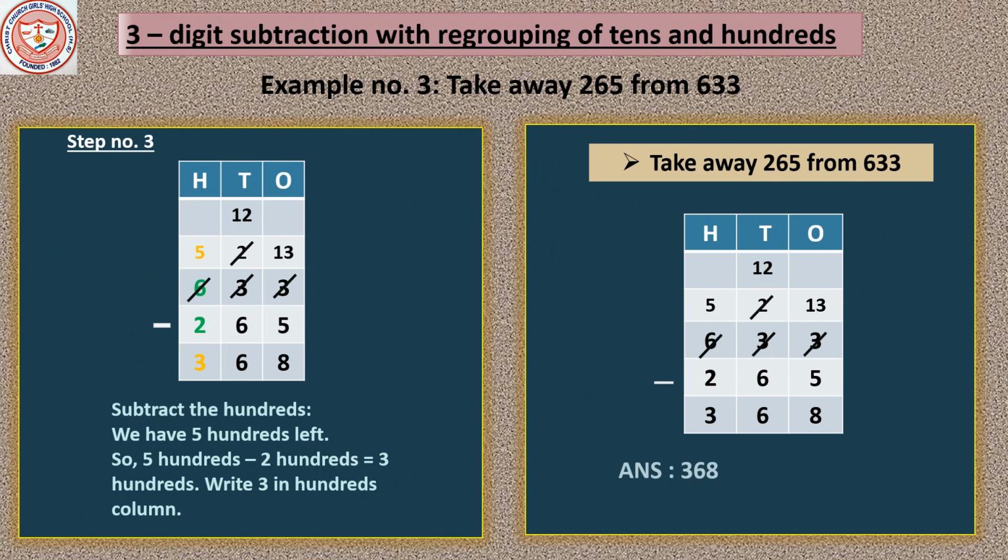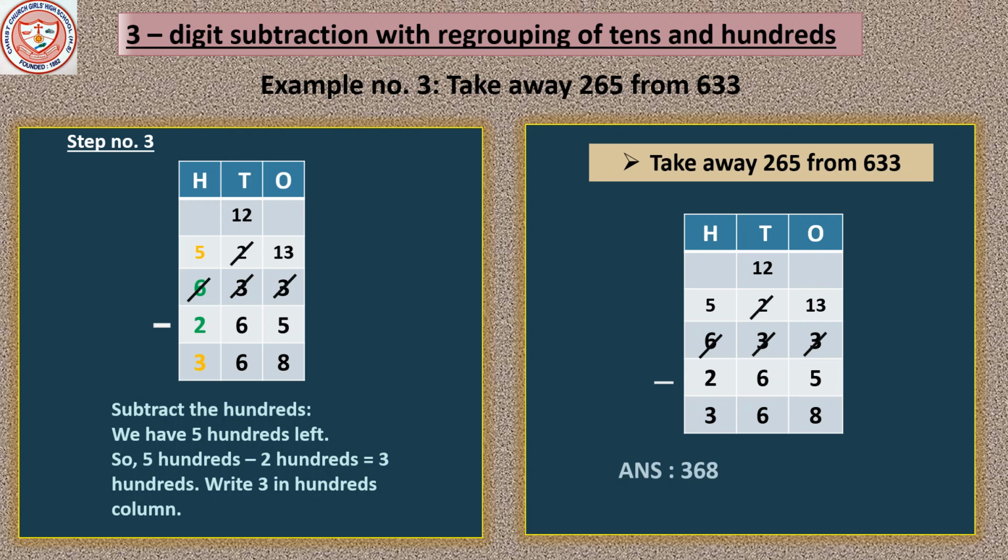But after borrowing 100, there are 5 hundreds left. And 2 hundreds is already there. So, we have to subtract 2 hundreds from 5 hundreds. So, 5 hundreds minus 2 hundreds is equal to 3 hundreds. Write 3 in the hundreds column.